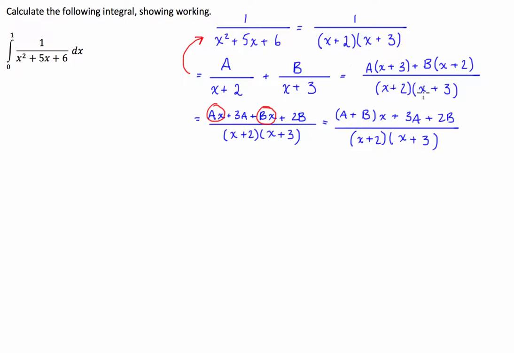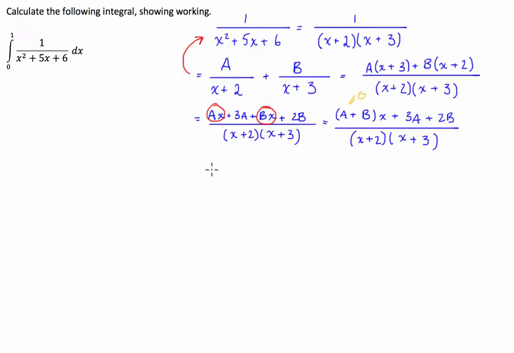Cool. So what we can do now is use a little bit of mathematical intuition, and we say that in our original fraction, we just have the number 1 in the numerator. Because there is no x in the numerator to start with, we know that A plus B, because that will be the coefficient out the front of the x term, will have to be equal to 0.